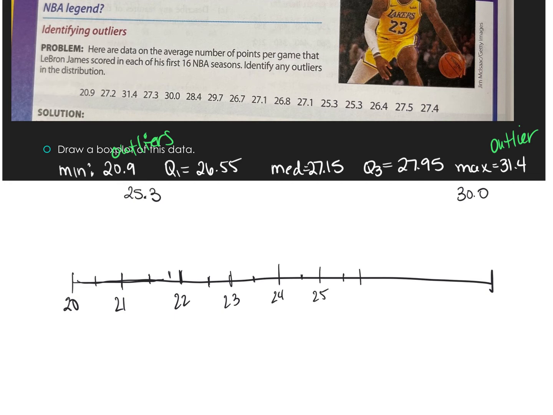Since we have decimals, I'm going to mark that halfway point so we can draw a more accurate graph. My minimum is 20.9, so I'm going to start my number line at 20, and my maximum is 31.4. That's 31, and here's 31.5.